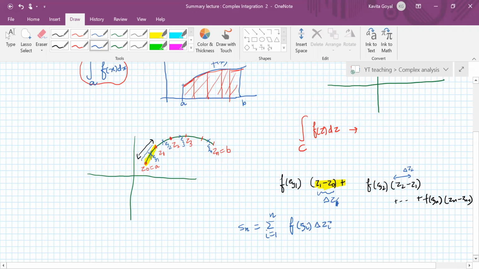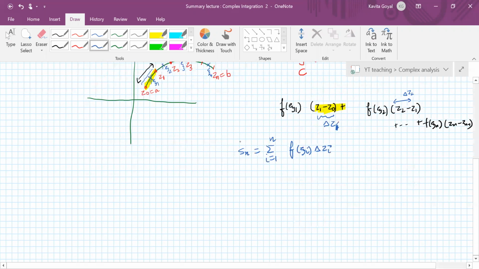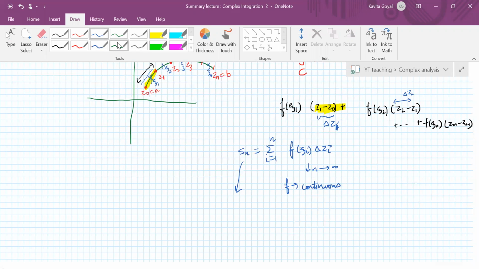If you take n going to infinity, and if you put the condition that f is continuous, then this limit will be independent of how you have made the partition. Whatever this number is, you call that number the integral of f of z along the curve c.